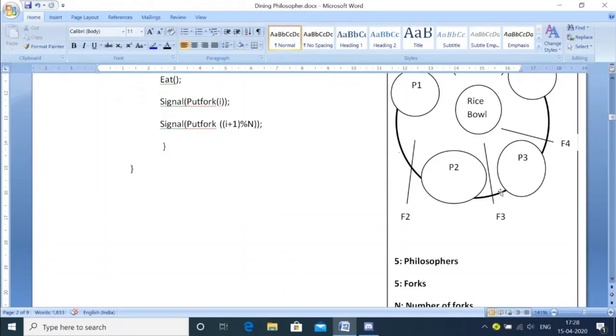Why? Because the semaphore value associated with F3 is zero. When P3 sees zero, it will understand that this fork is not available. P3 also will be in the blocked state, so this part also will be blocked.